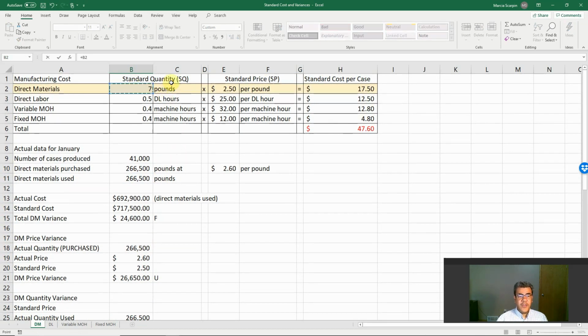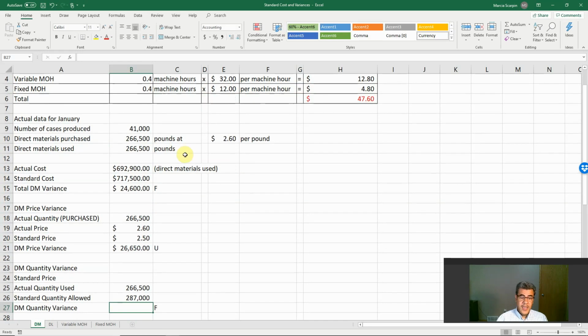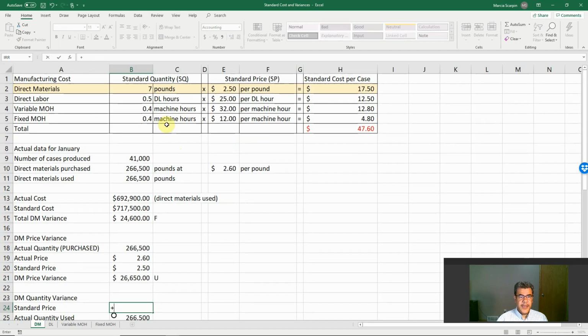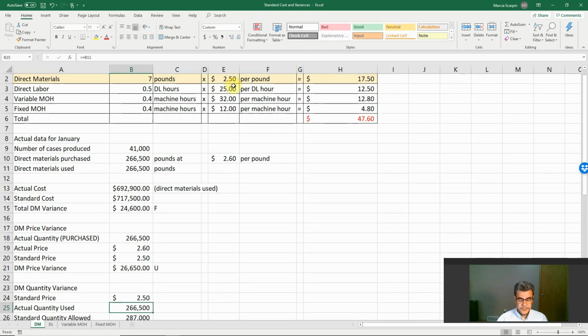We need 7 pounds per case. So 7 pounds per unit. 7 pounds times 41, that is the number of cases. So if we work very well, we need 287,000 pounds. And our standard price, 2.5, sorry.